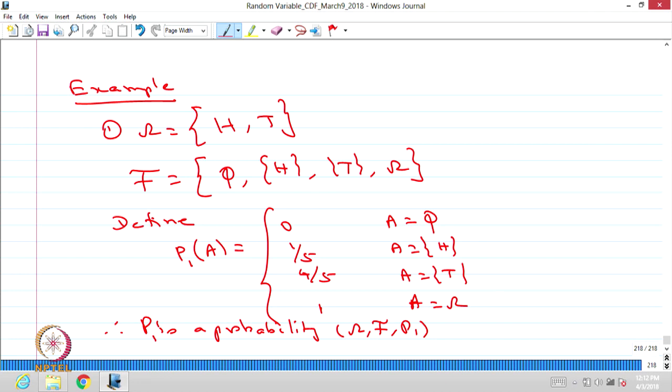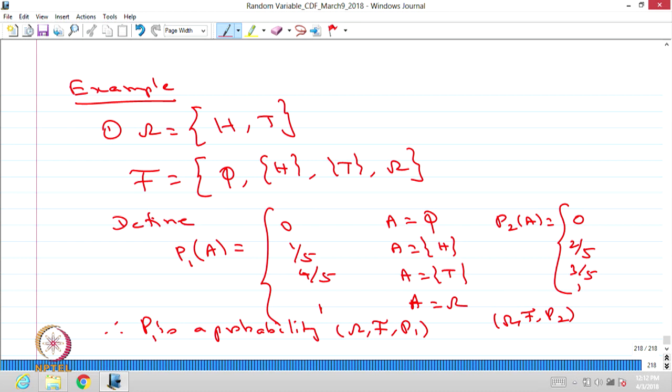By seeing these numbers, we can change the numbers and still have a probability. That is, I will go for P2 of A, which takes the values 0, 2 by 5, 3 by 5, 1. The same way, for A equal to H, A equal to tail, A equal to omega. That means this also satisfies the probability conditions, therefore this is also a probability space.